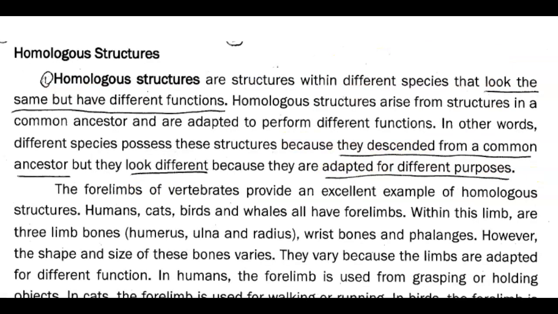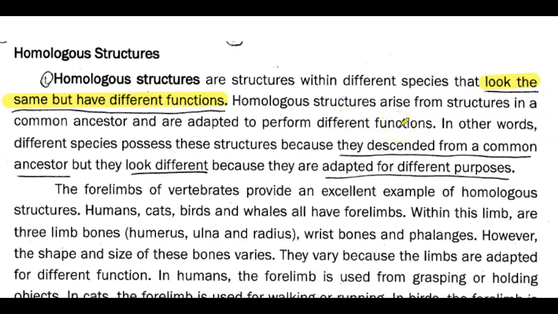The first one is homologous structures. Homologous structures are structures within different species that look the same but have different functions. Homologous structures arise from structures in a common ancestor and are adapted to perform different functions or jobs.